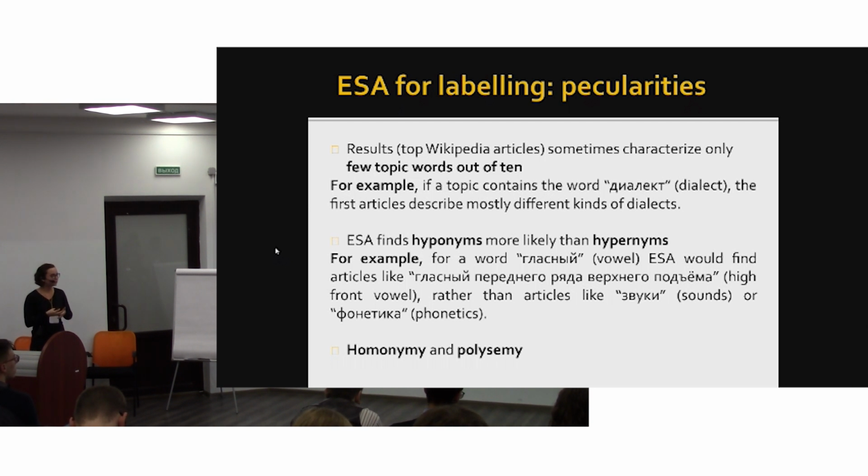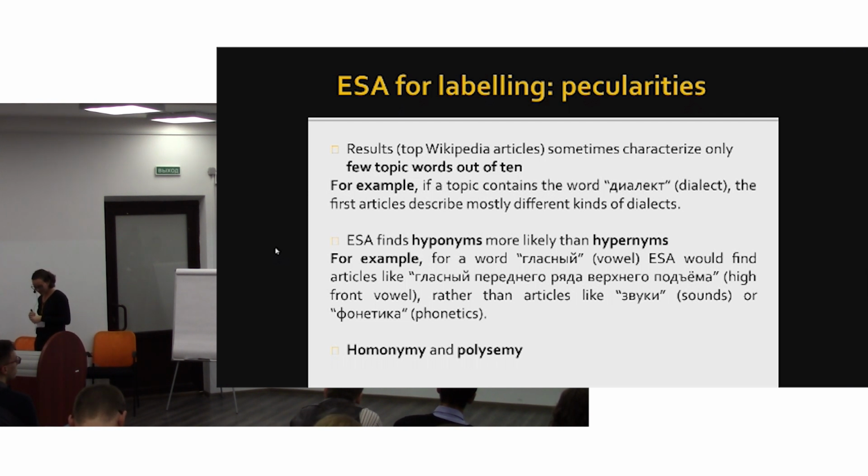But for topic labeling, hypernyms are more likely required. So for a word like glasny or vowel, we would need articles like sounds and phonetics, and not high front vowel.